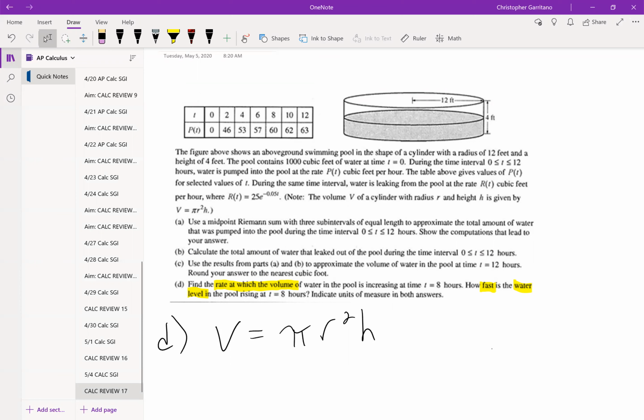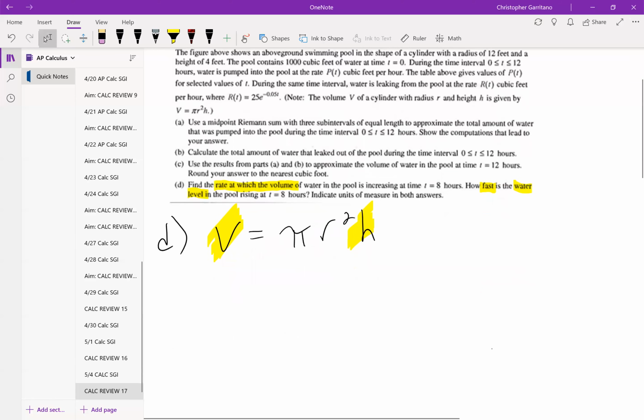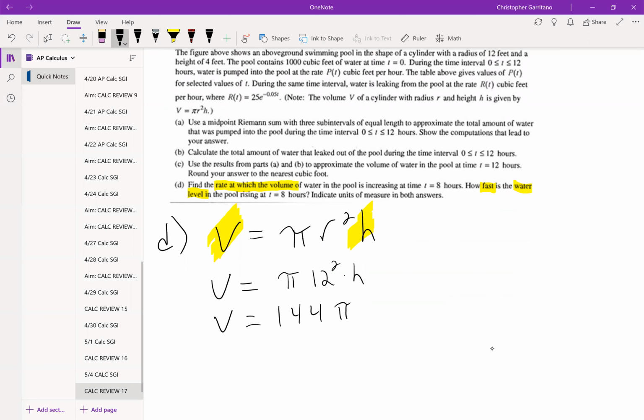Because R is not changing with time. The only items that are changing with time in this equation will be volume and height of water. So for that reason, I'm going to rewrite this expression as V equals pi times 12 squared times H, or of course, V equals 144 pi H.